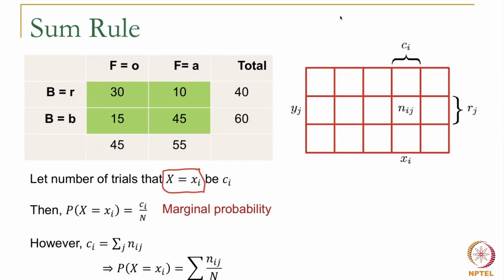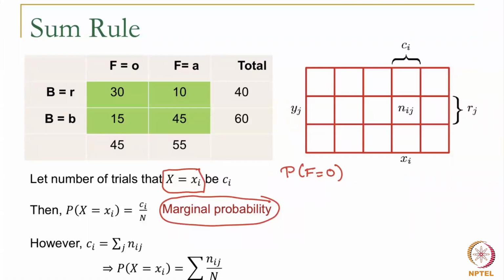For example, I could ask in how many cases was the fruit an orange? That would simply be the marginal probability, and that's what is defined as the marginal probability. I'll explain very shortly why it is called marginal.